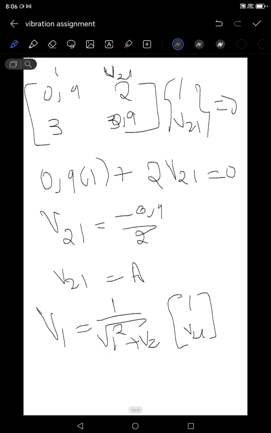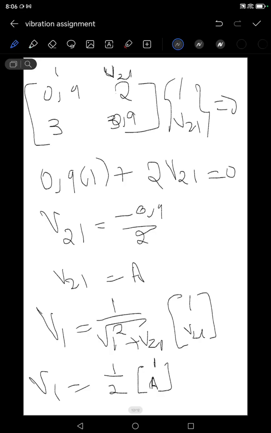Let's say our V21 is a. We substitute it here and get the vector V1. It's going to be 1 over the square root of 1 plus a squared, into the vector 1, a. So this is how we determine V1.